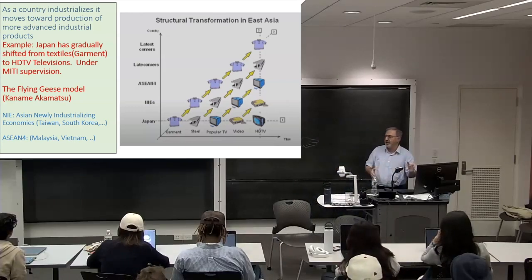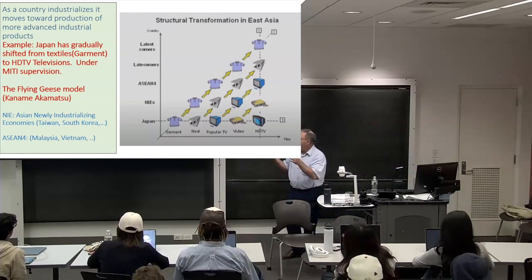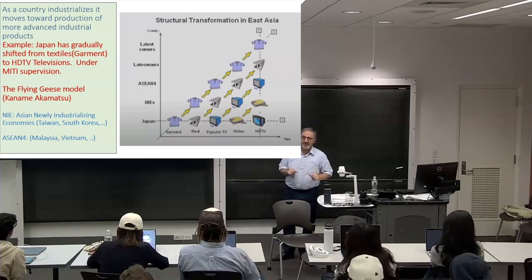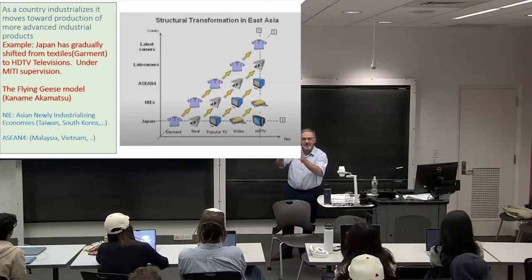Government in any of these countries, as a developmental state government, if they agree with this process, they try to facilitate this. So let's say you are Taiwan. Japan is ready to pass an industry to you.